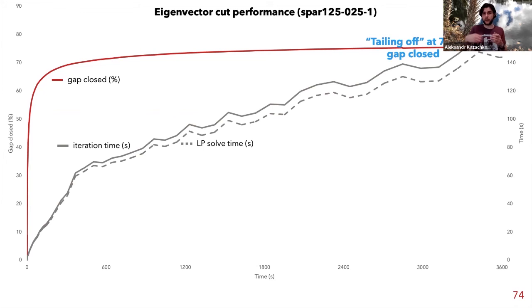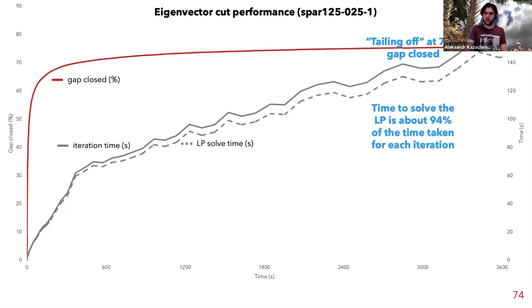An iteration here is defined as adding all your negative eigenvectors as cuts and reoptimizing. So the solving time of your LP grows very large. Moreover, that's actually the majority of the time that you spend per iteration. Generating the cuts is actually quite fast.